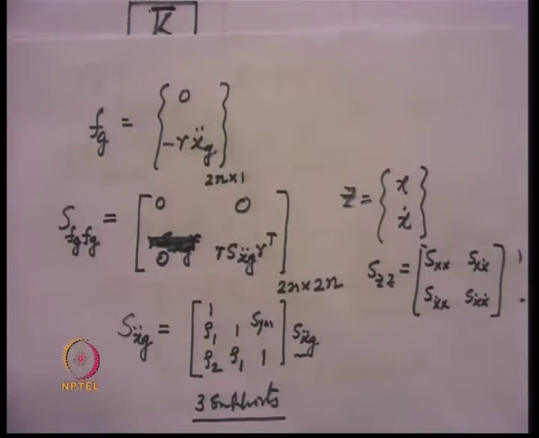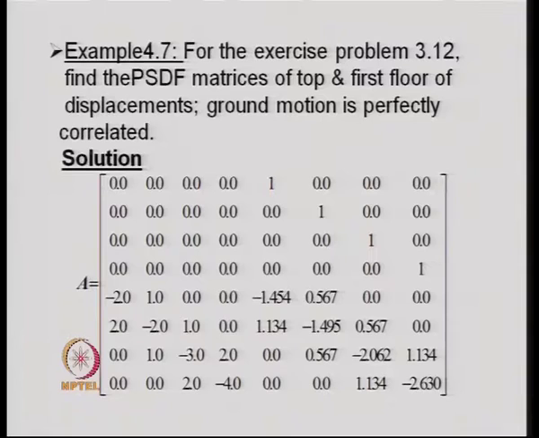We have solved a problem here. This is a problem in which the top and the first floor displacements are considered, and the power spectral density functions for these two displacements are the responses that we look for.